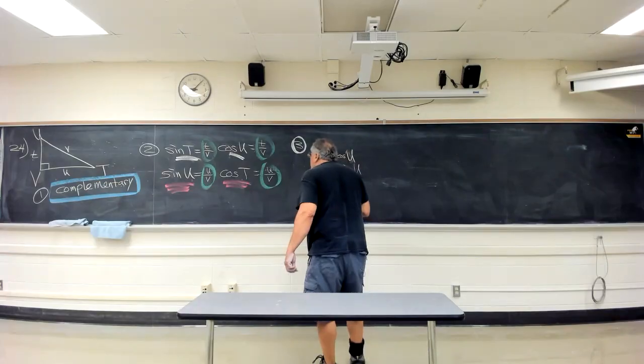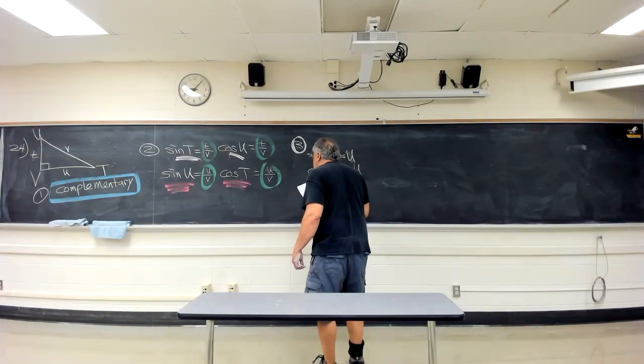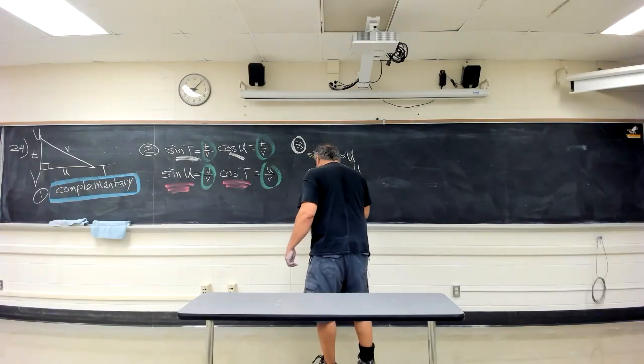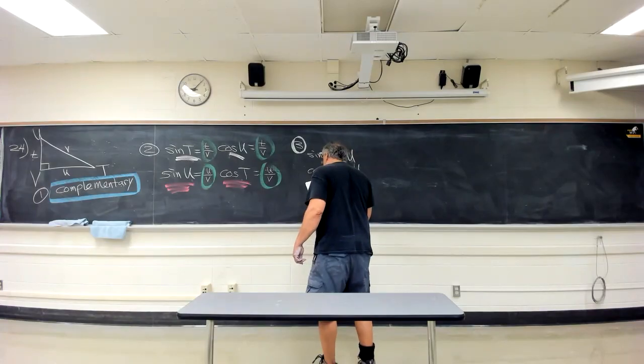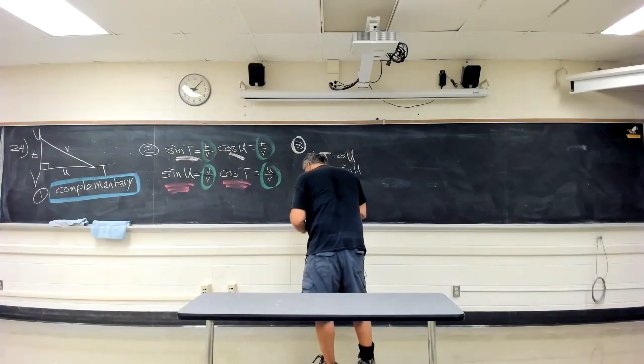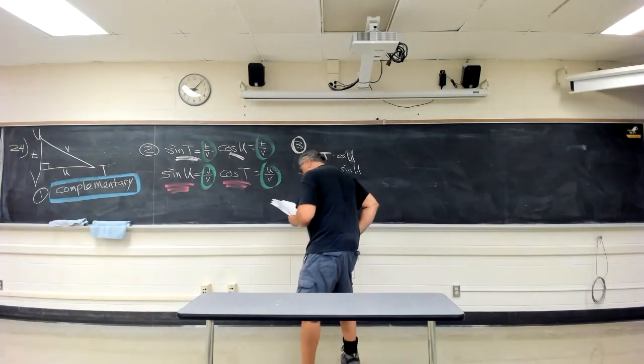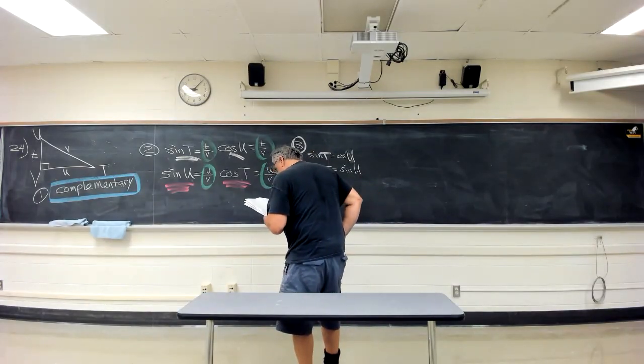Sine of T equals sine of U, not going to work. Sine of T equals cosine of U works. Let me just make sure they're here, guys.